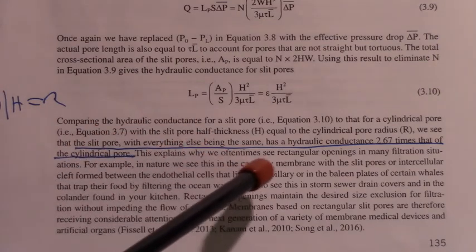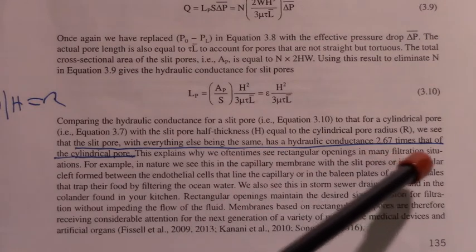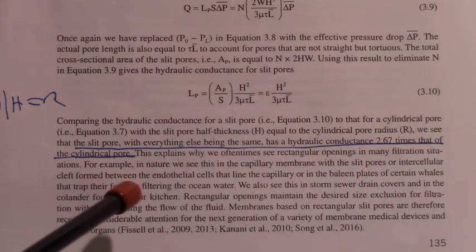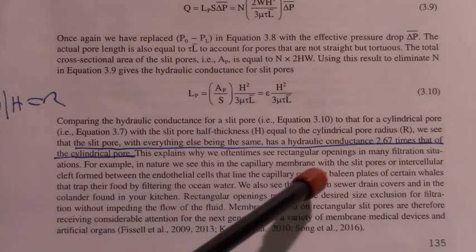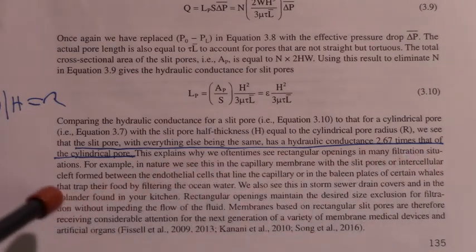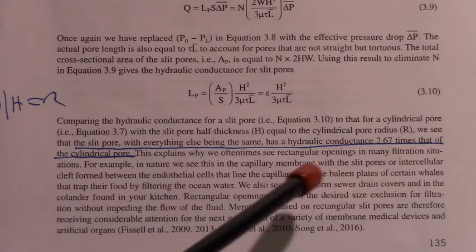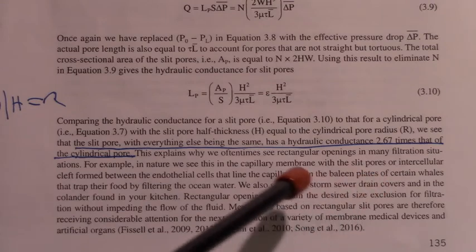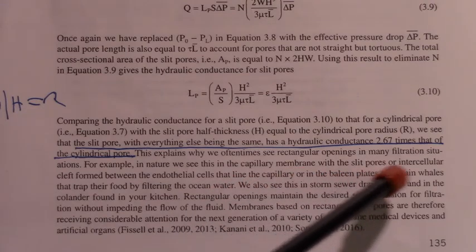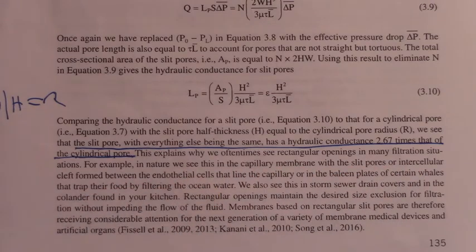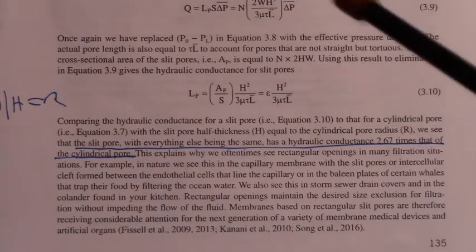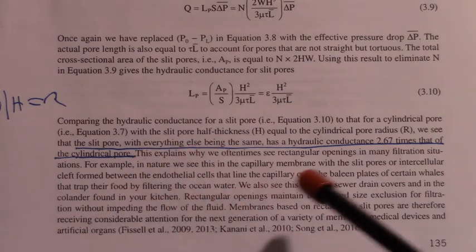And this explains why we oftentimes see rectangular openings in many filtration situations. In nature, we see this in the capillary membrane with the slit pores in the intercellular cleft. Certain types of whales have baleen plates that they use to filter the ocean water. You've probably seen those. They open their mouths and they've got these big rectangular openings where they're filtering the seawater and capturing the little animals that live in it.